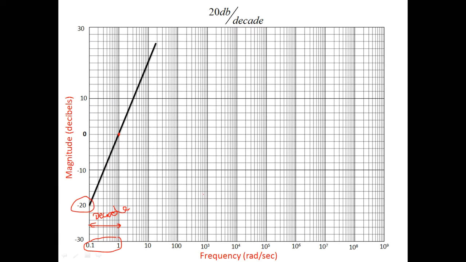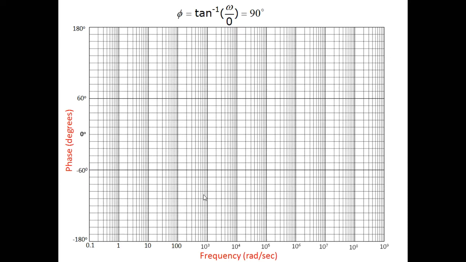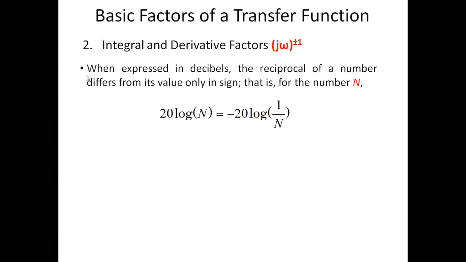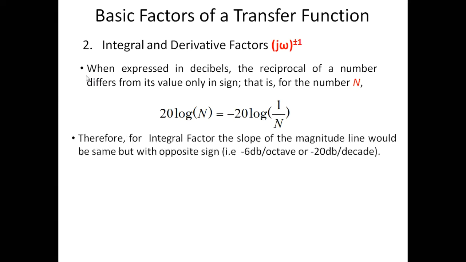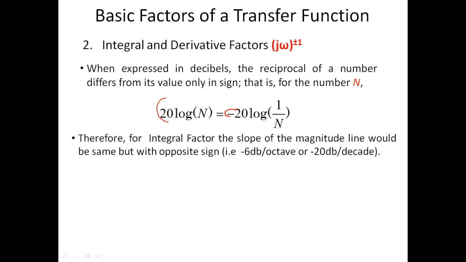So this is for the derivative. Now for the phase angle, the phase of the derivative is 90 degrees, so we can present it as shown here. Okay, it's a line. Now here we will use this characteristic for the integral. As you know, 20 log n equals minus 20 log 1 over n.